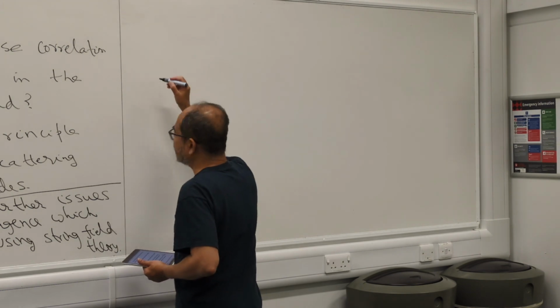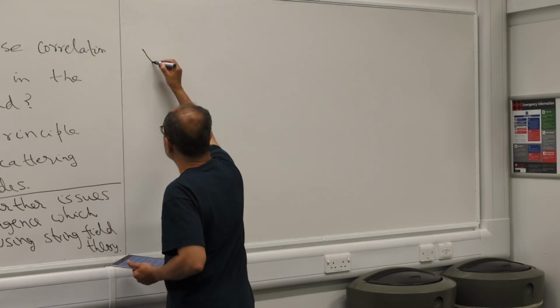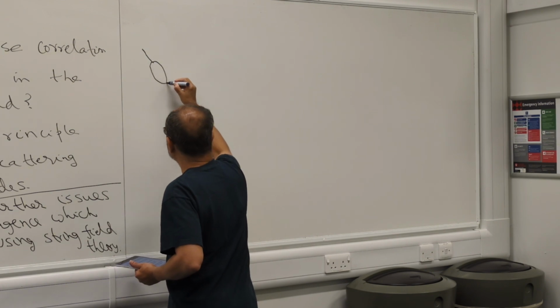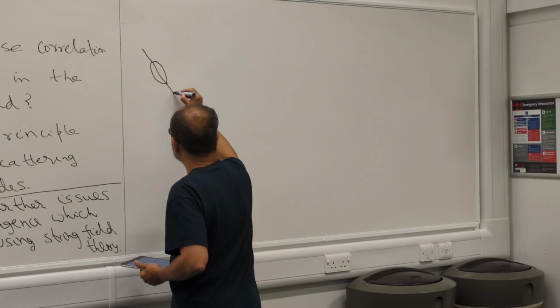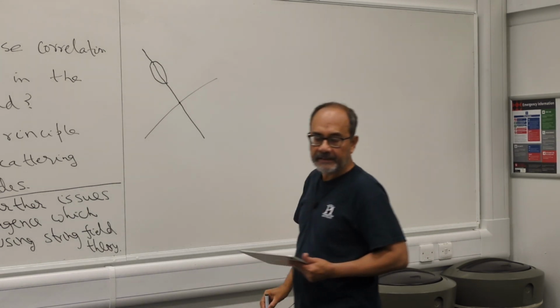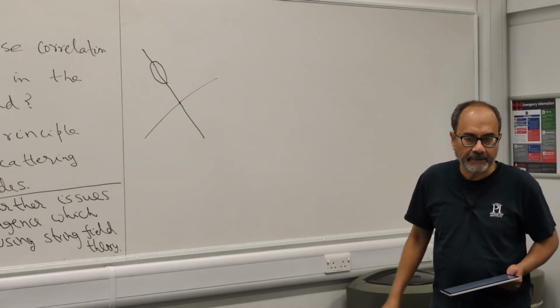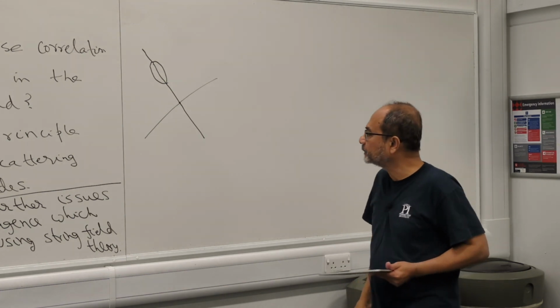Imagine that you have a Feynman diagram, let's say in phi to the 4th theory, of this kind: 4-point scattering in a phi^4 theory.